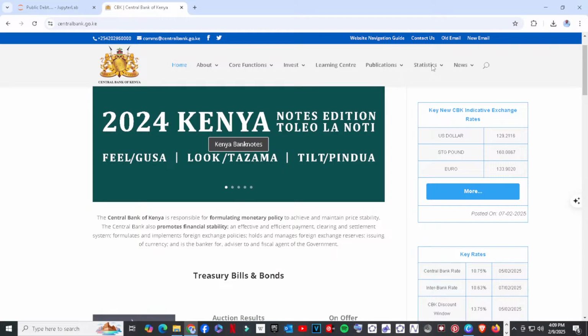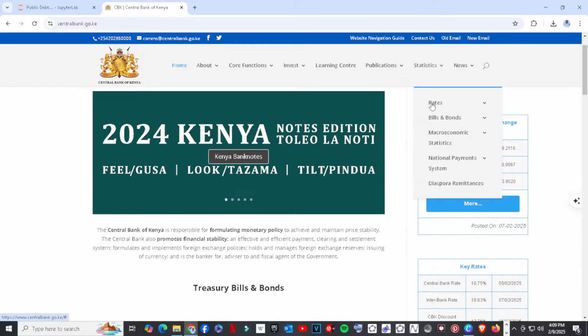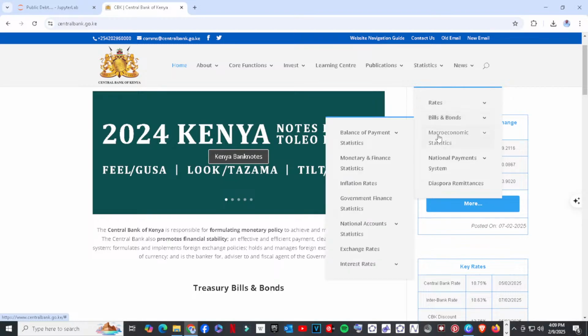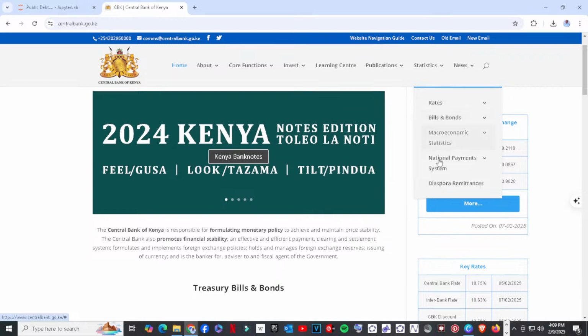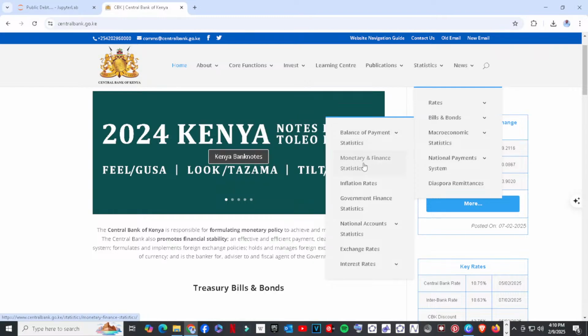Statistics. So we get there, and because I'm looking at public debt, let me look at income here, monetary and finance statistics, government finance statistics. Let's see where we get it.